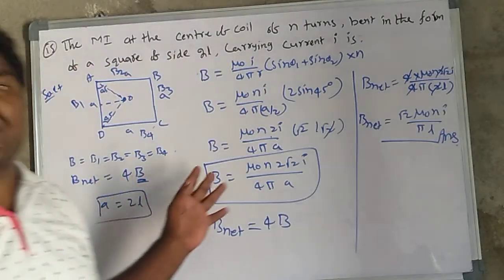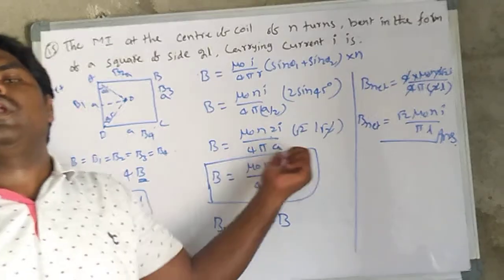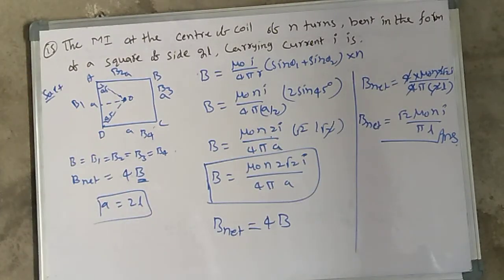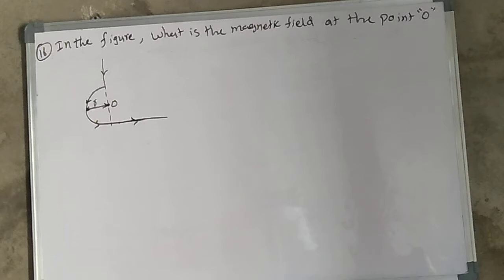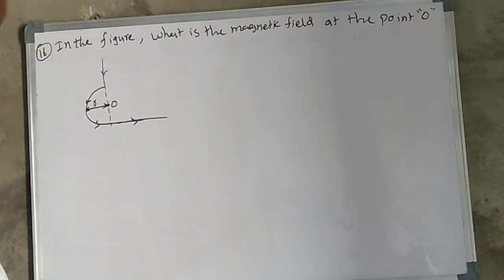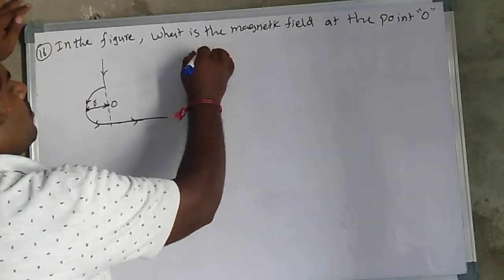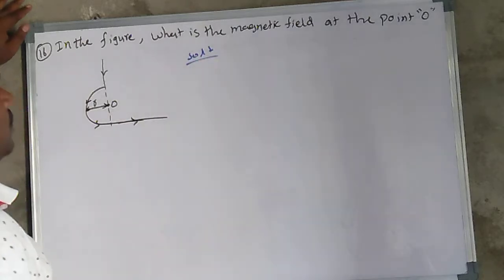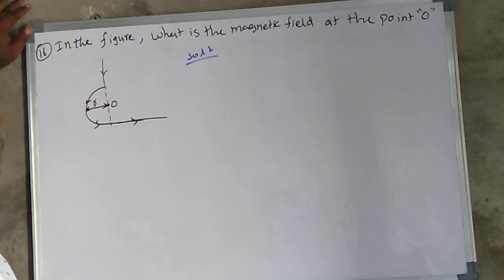Whenever they are asking this type of question, you may do like this. One more important model in the figure: what is the magnetic field at the point O? So here the solution. First of all, you may identify how many different directions are there.